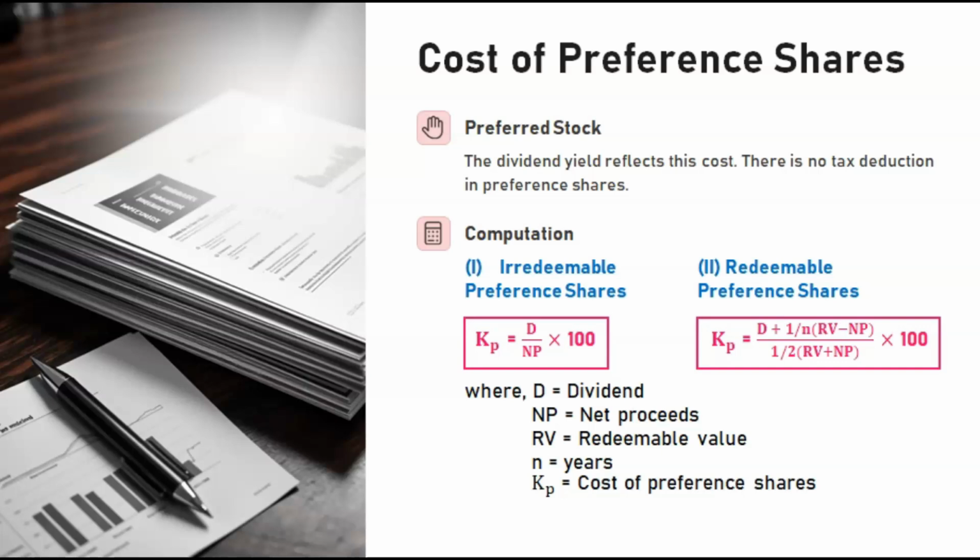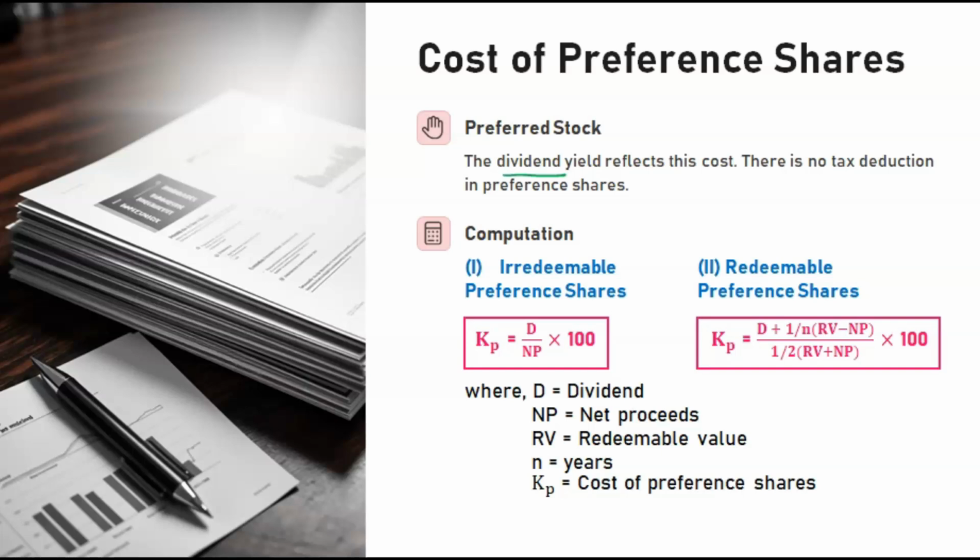That percentage will always be there with the preference shares, and that percentage only they will get as their profit. It means as their dividend they will get it. The profit which is given to the shareholders is called dividend.